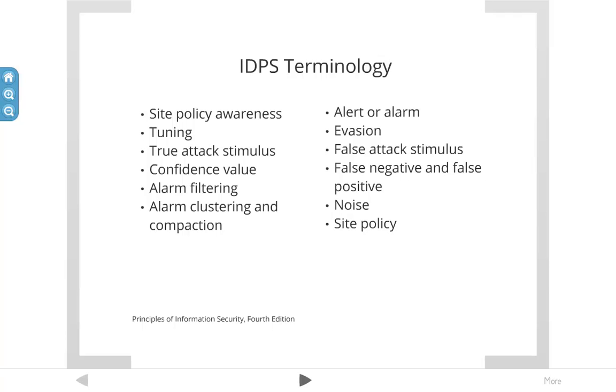How about alarm clustering and compaction? How can we describe what that term is? Right, so think about this. When we talked about noise earlier, we talked about confidence value. We said they were connected, right? With high noise value, confidence level is low.